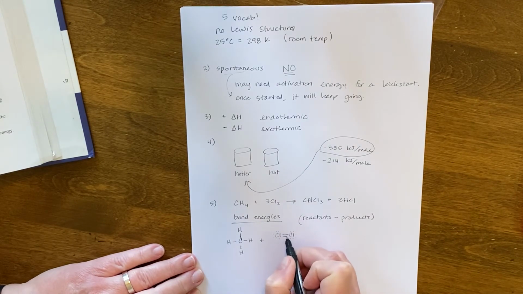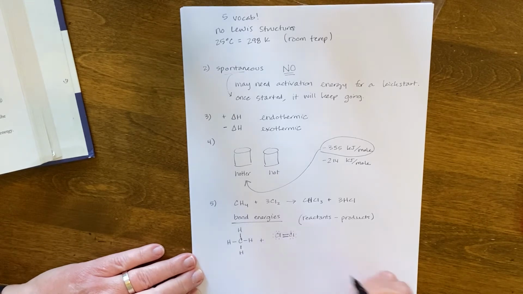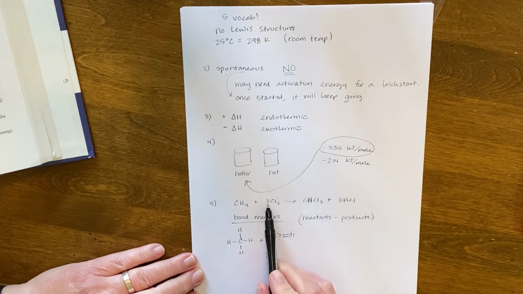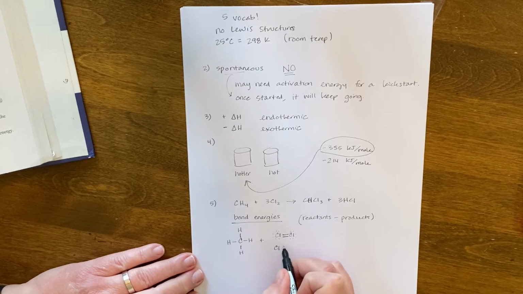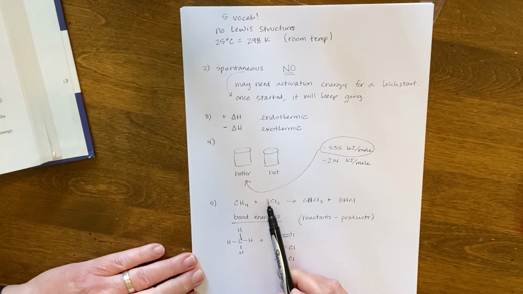So this is going to make a single bond. They're going to share, and that will make them have a valence shell of 8 electrons. But there's 3 of these, so don't forget, we have 3 Cl2s. So here's my 3 Cl2s.